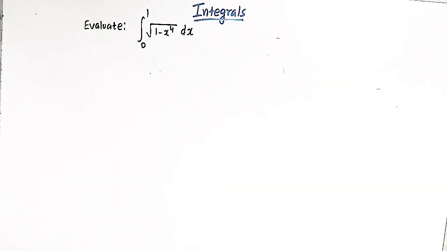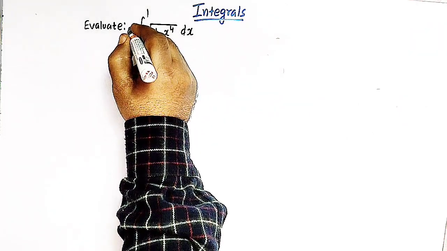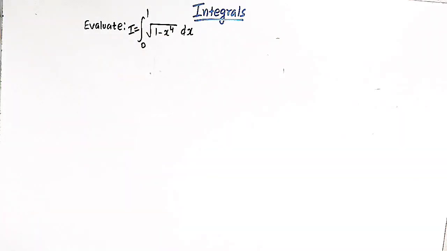So let us see how easily we can solve this integral using some important results from beta and gamma functions, right? So let us start, and let us first call this integral as I, right?